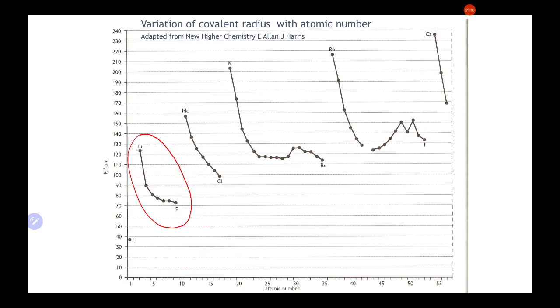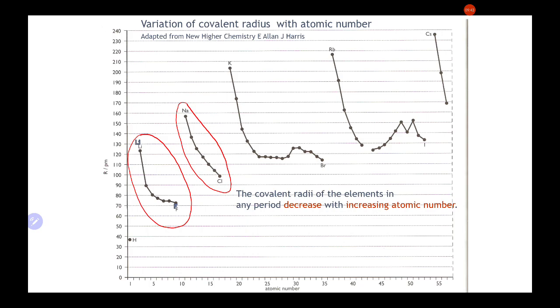Lithium's quite high up, and then as we're going across our period, fluorine is round about just over 70 picometers, which is a lot smaller. If you look at the rest of them, the general trend is the same: the next one is sodium along the period to chlorine, and again you can see the decrease, and the same for all of these. What you need to be able to do is explain why that is.